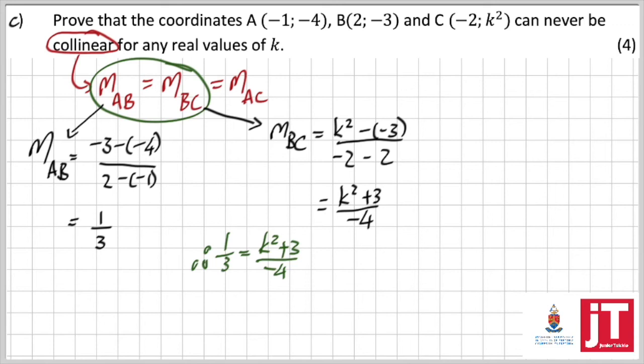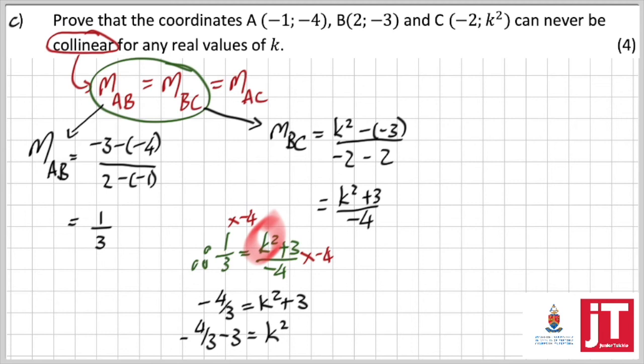Think about that. If it doesn't have real solutions, well, then it can't be collinear. So I'm going to try and solve for k now. Multiplying by negative 4, I get k squared plus 3 equal to negative 4 over 3. If I get k squared alone, I get k squared to be negative 13 over 3.